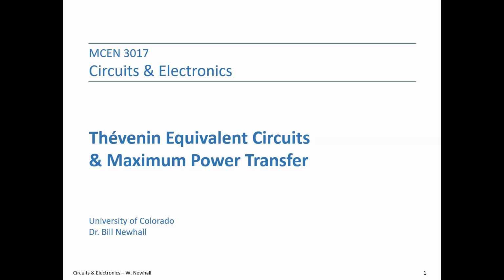So Thevenin equivalent circuits, when you pronounce that, it's kind of a funny word, Thevenin. Thevenin equivalent circuits are useful circuits that are used to model or represent what is a more complex circuit.